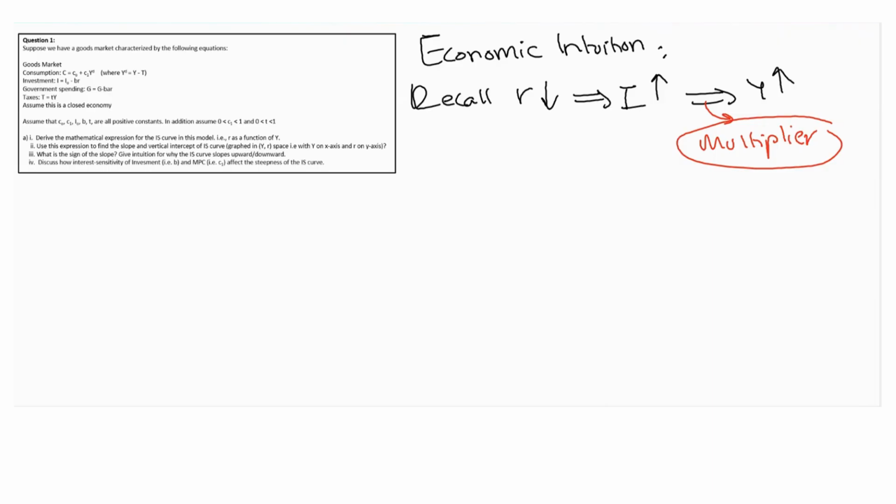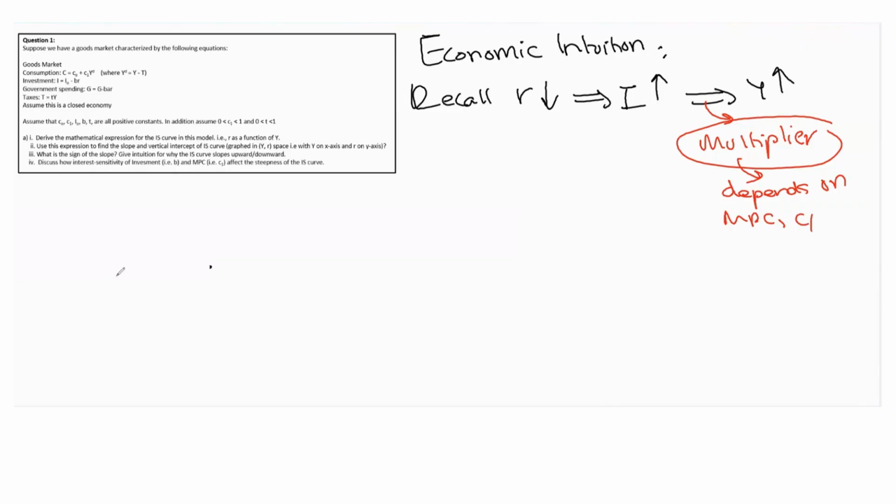And this multiplier depends on MPC C1. So this path over here, like we talked about, depended upon how sensitive investment is to changes in interest rate. This depends upon the multiplier, which in turn depends upon the MPC C1.